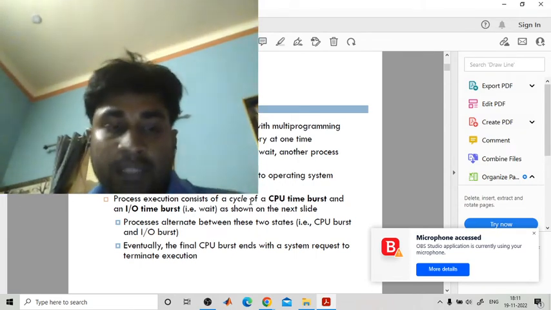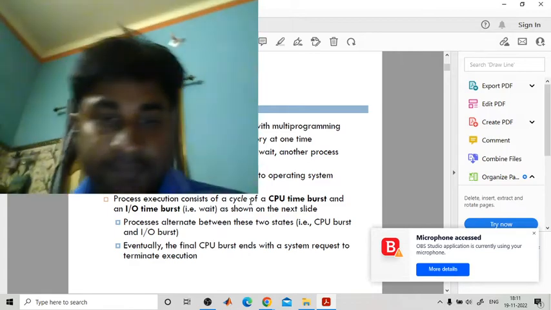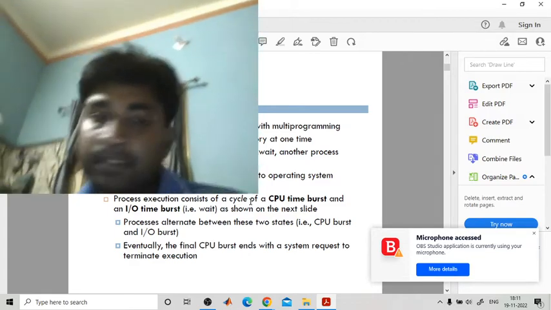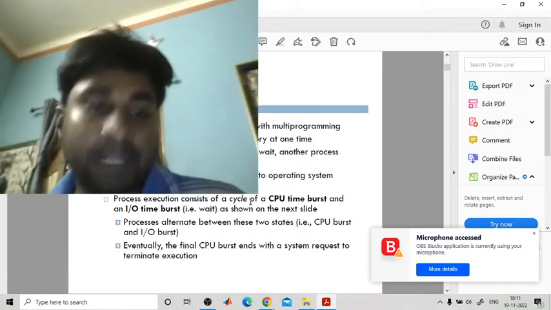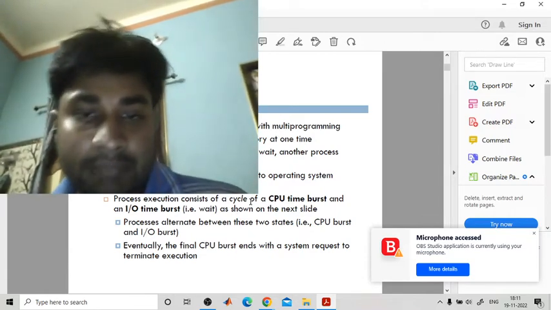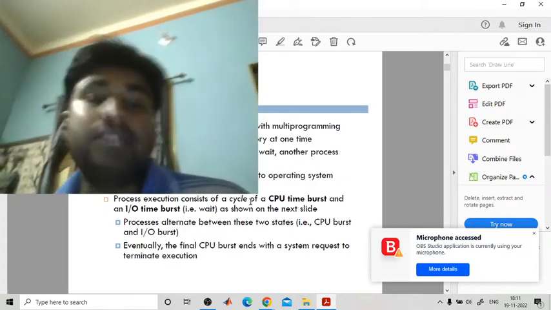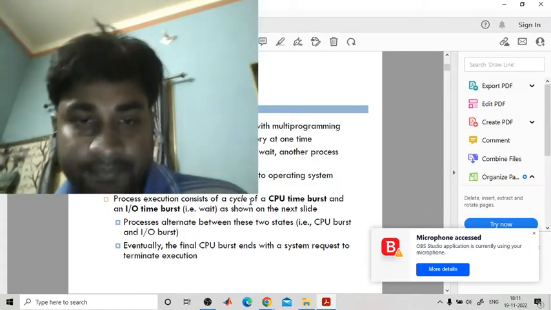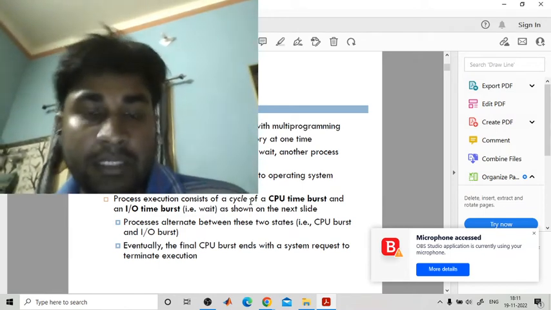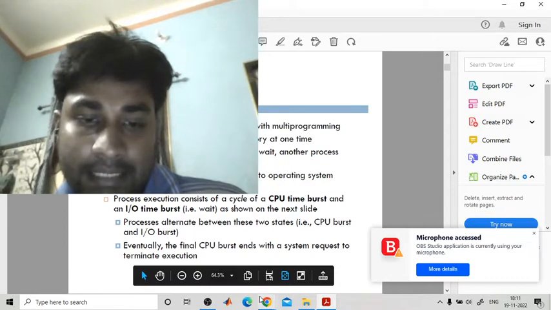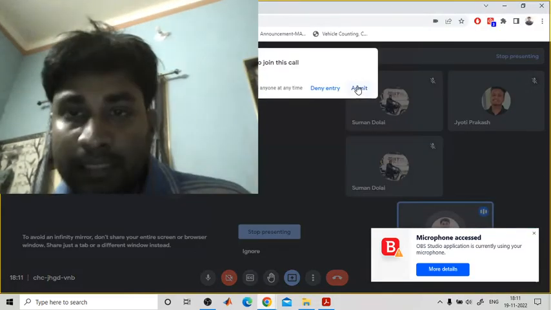We can divide the process execution into two parts: CPU time and IO time. CPU time means the actual process execution time, the time taken by the CPU to execute that particular process.